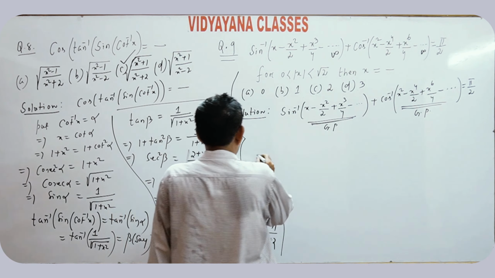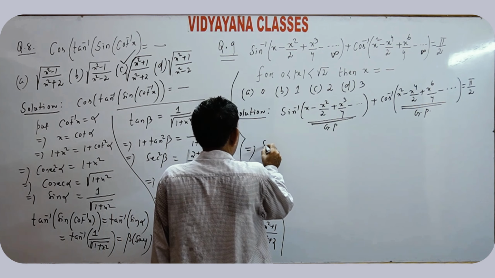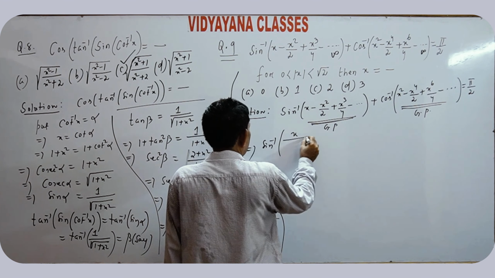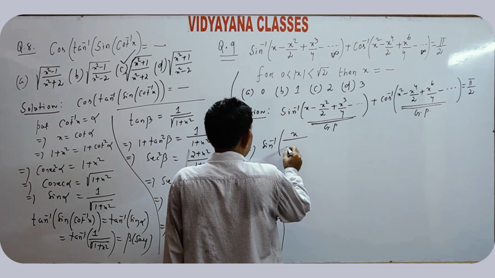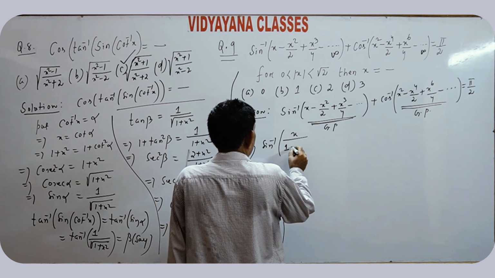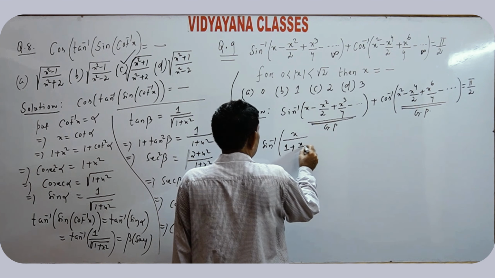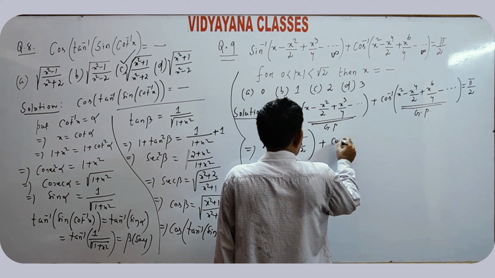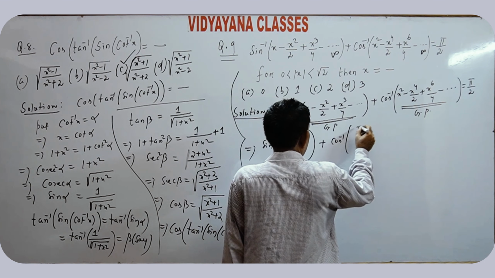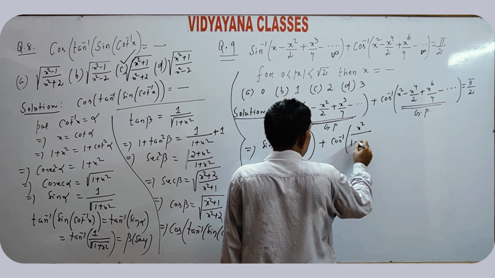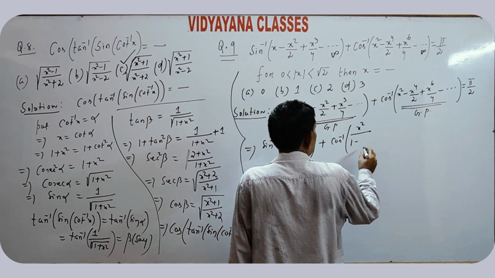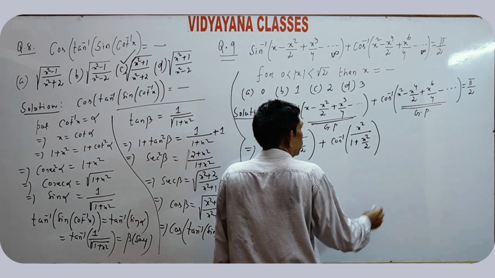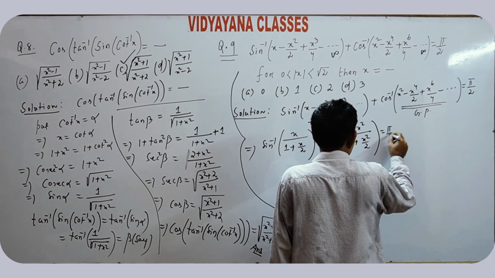So we can write it: sin inverse of a divided by 1 minus r, that means x divided by 1 plus x by 2, plus cos inverse of a divided by 1 minus r, that means x square divided by 1 plus x square by 2, is equal to pi by 2.